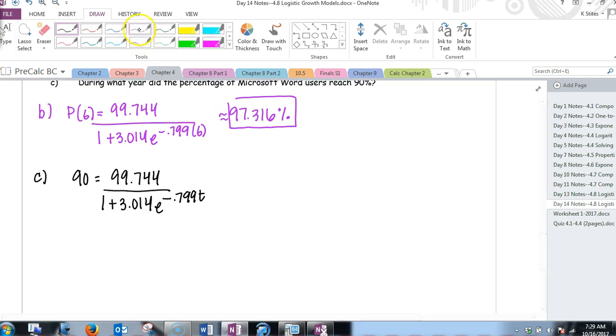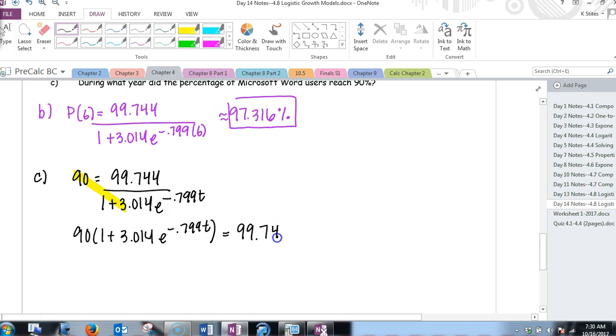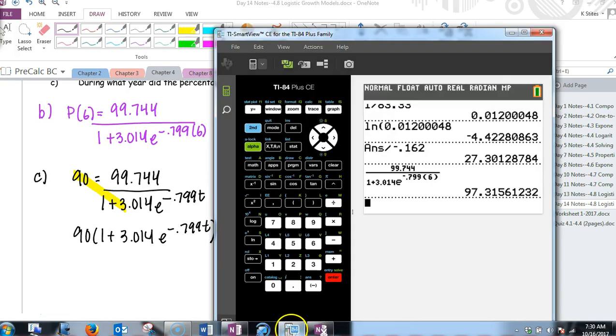You're going to cross multiply, but really the 90 is going to end up underneath the 99. Okay, so I'm dividing 99.744 divided by 90.